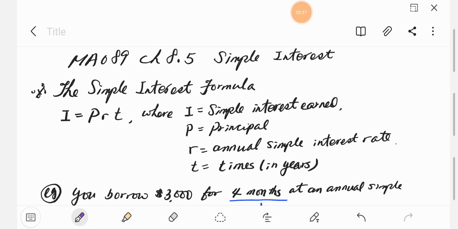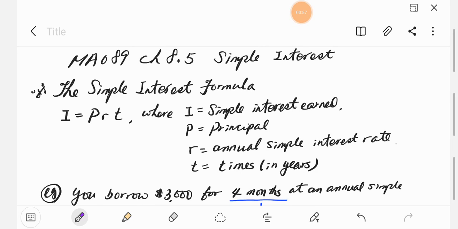Principal is when you deposit some money into your savings account, then the bank will pay you for the privilege of using that money. So you receive some amount by depositing into the savings account.